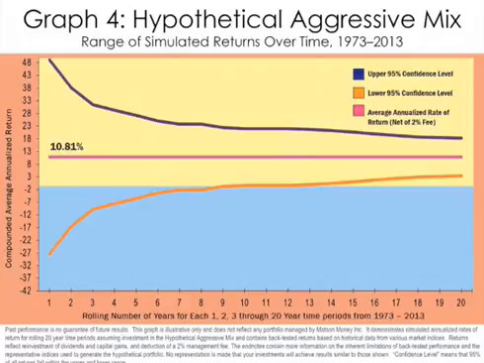Of course, it's kind of intuitive, I think, but the hypothetical aggressive portfolio had higher simulated rates of return and, important, higher volatility than any of the other 3 portfolios because it has the highest ratio of equities to fixed income. So you can see that in each of the rolling first-year periods, the simulated returns of the hypothetical aggressive portfolio had a rate of return roughly from negative 27% to a high of 49%.